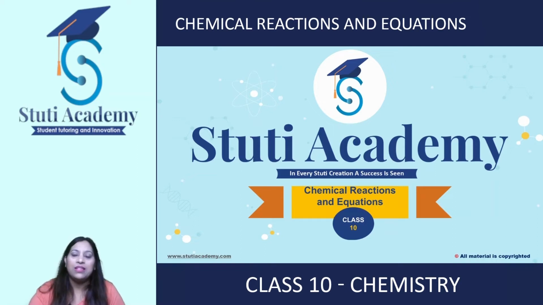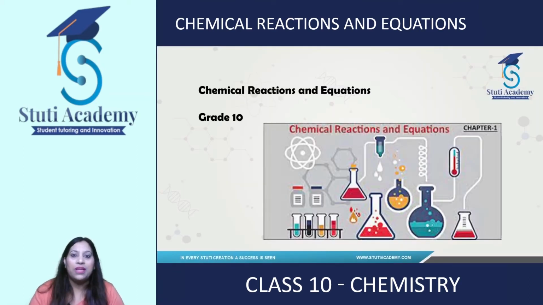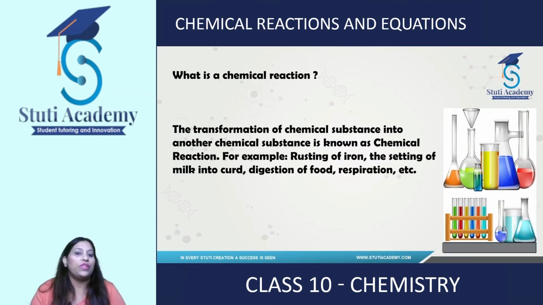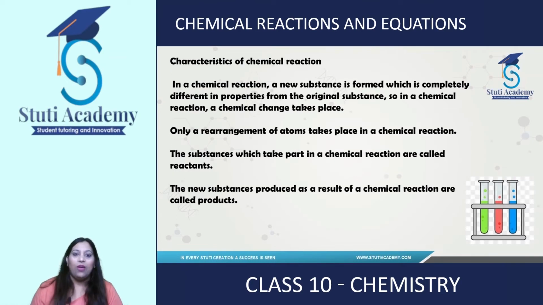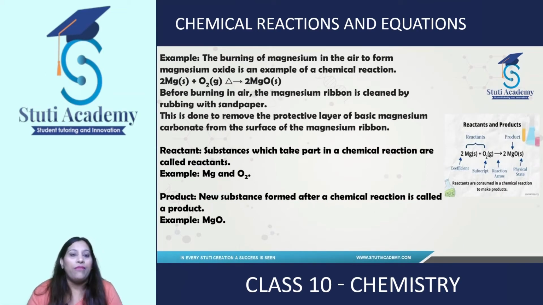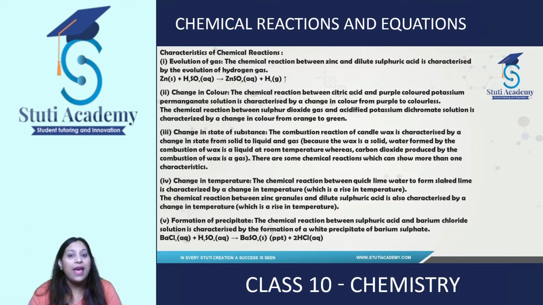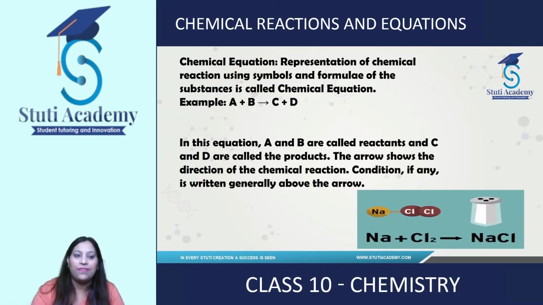In the previous class, I told you about chemical reactions, how we define them, what the characteristics of a chemical reaction are, what reactants and products are, and the characteristics involved in a chemical reaction like evolution of gas, change in color, change in state of substances, change in temperature, and formation of precipitate. All these characteristics I have already explained in detail in the previous class.